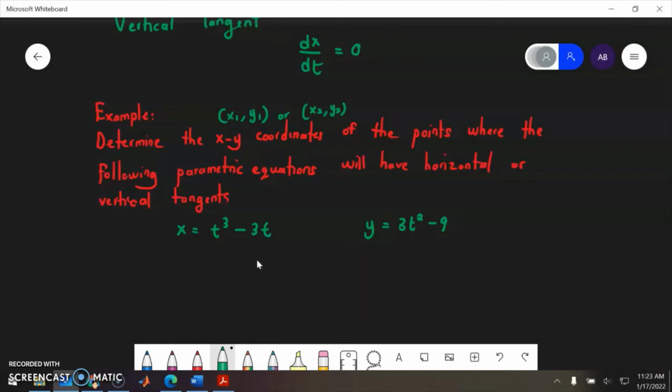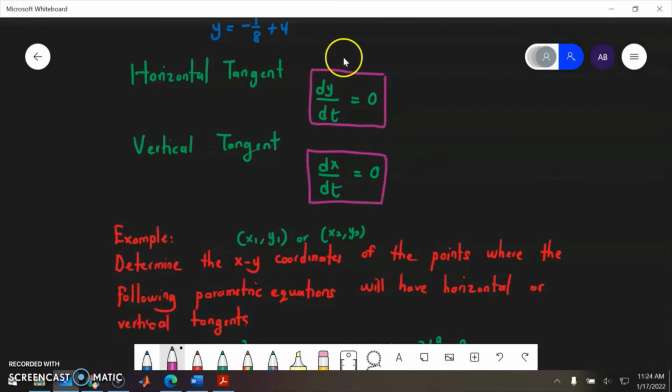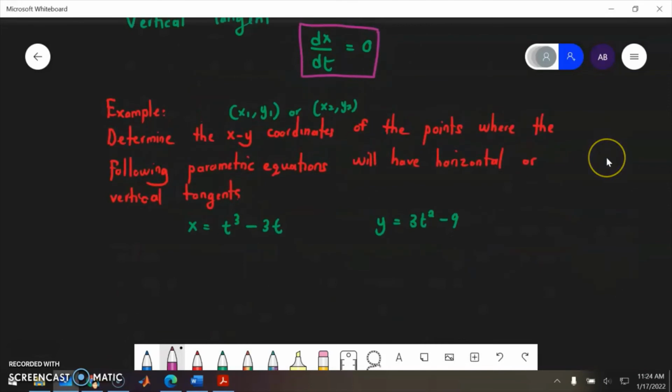It's not that complicated actually, because to have horizontal tangent, we have to find dy/dt equals 0, and to find vertical tangent, we have to find dx/dt equals 0. Okay, let's look at this one first. Let's find what is dx/dt: 3t squared minus 3, and dy/dt equals 6t.